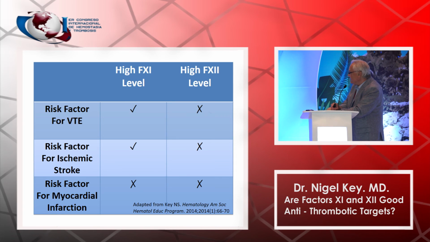That is that factor 11 appears to be a risk factor for venous thrombosis and for ischemic stroke, but not really, strangely, for myocardial infarction. Now, it may be that the right studies haven't exactly been done, but that's what we have so far. Factor 12, on the other hand, is completely neutral. All the studies have looked at elevated factor 12 levels, been unable to show that it's a risk factor for any kind of thrombosis.